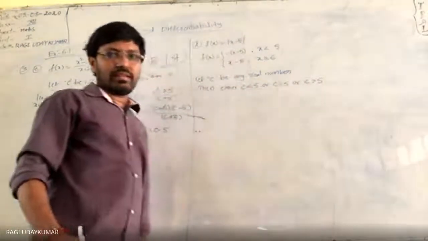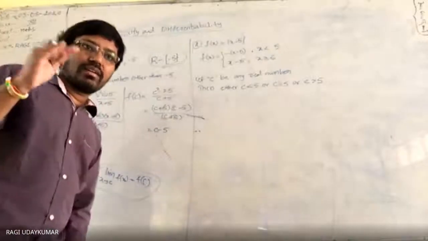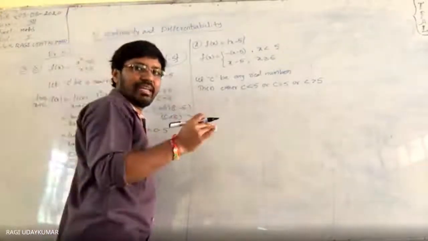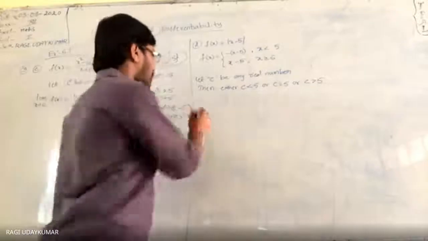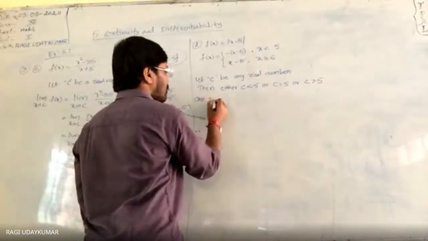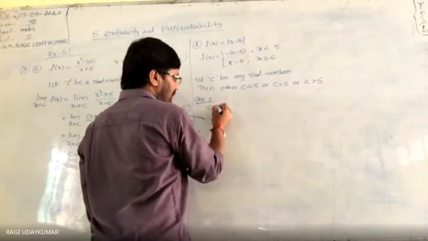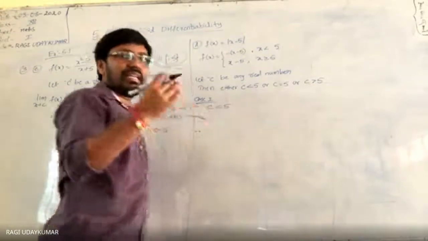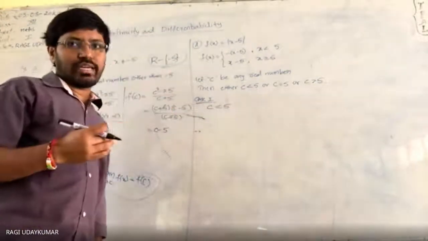In case number 1, we consider c less than 5. c less than 5 means any number less than 5 you need to take into consideration.